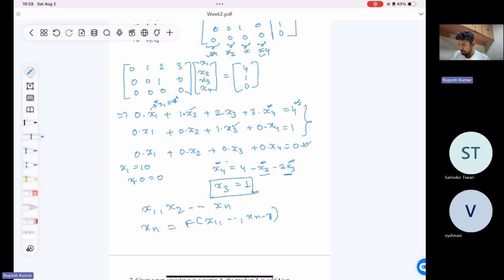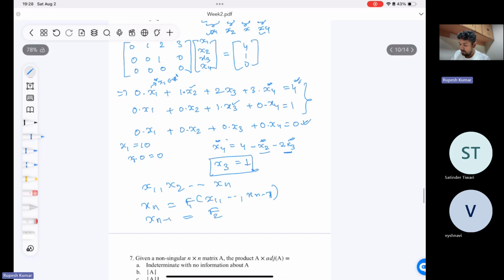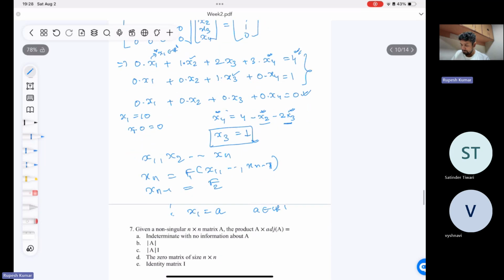Then you repeat this process, replacing the next variable with some combination, and eventually you hope to get x1 equals some a, where a belongs to the real numbers. Then you keep putting the values of x1 back into the equations to eventually get xn.